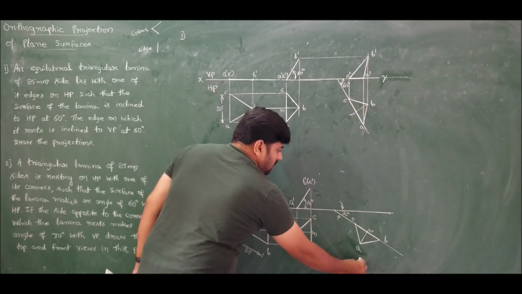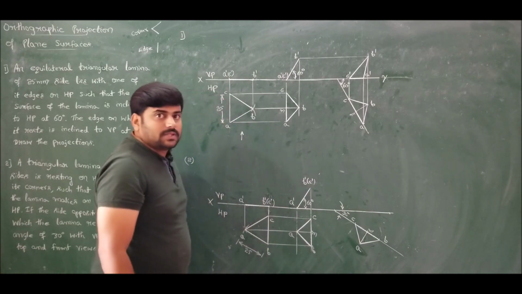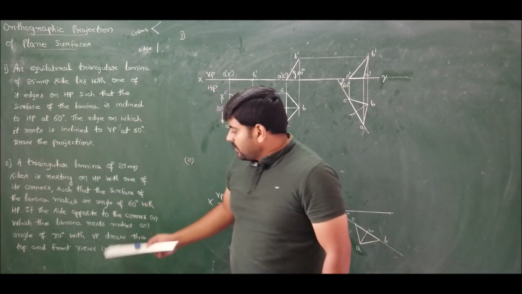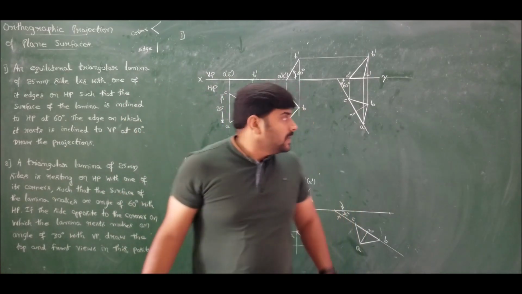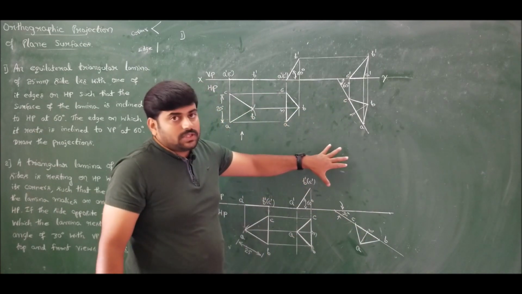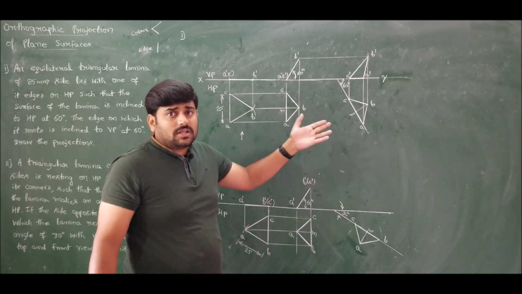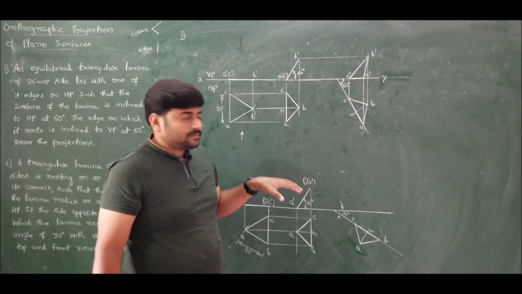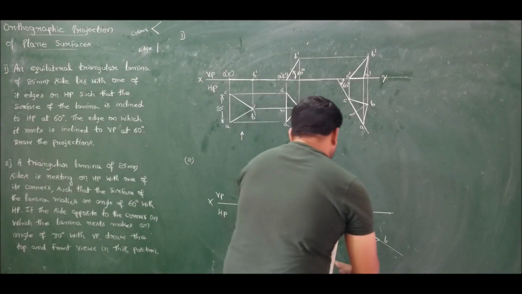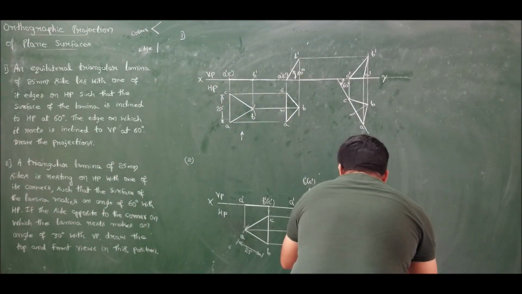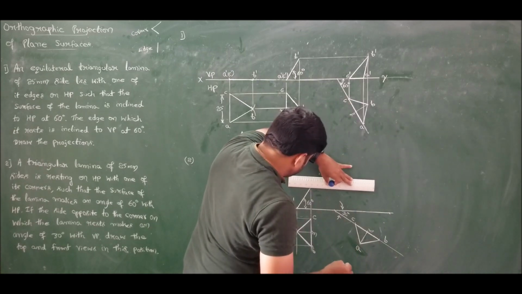Whereas here I have drawn such a way that the corner is nearer to the observer. He has not given any specific condition which is nearer to the observer. Don't worry about the final position. You can give any of the solutions out of the 4 which I have said. Now complete the final position of this. C is at the top.